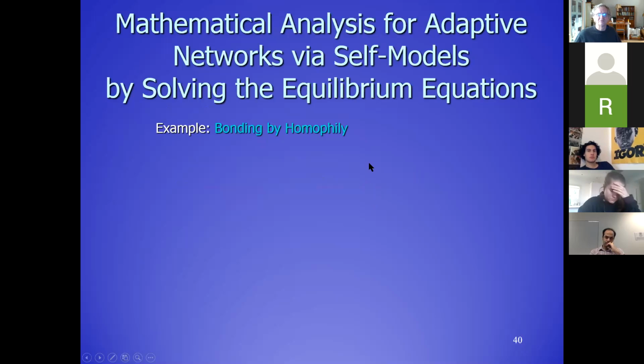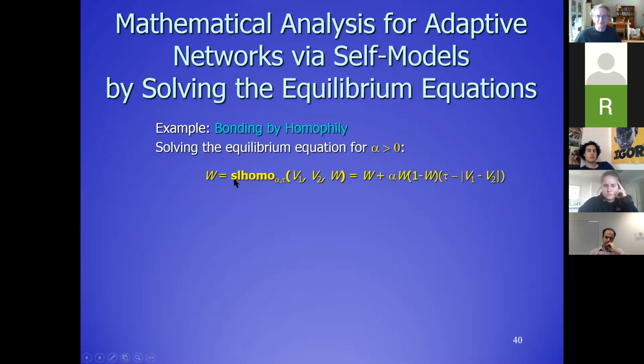So this, you can see how you can do this by hand. Remember that the simple linear homophily function was this one, and then an equilibrium equation is that it should be equal to the W itself, because it should be stable in a stationary point. So that means that you have this equation where this can be left out, and then you have only this one.